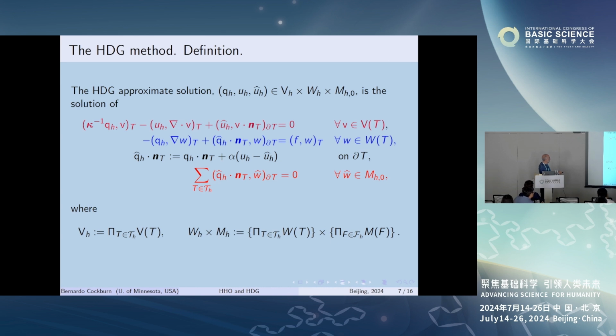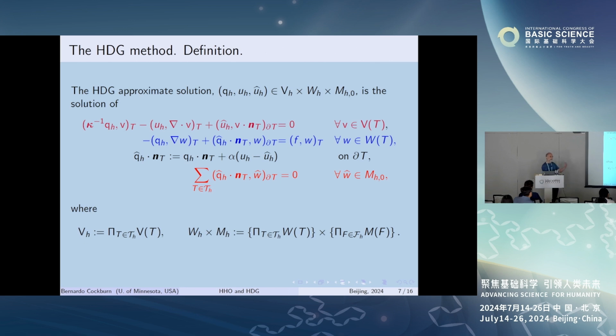And this is the equation that is globally coupled, right? So that's what is called static condensation. You consider that this is data, you write this guy and this guy in terms of U hat, and then you have a single equation for U hat.